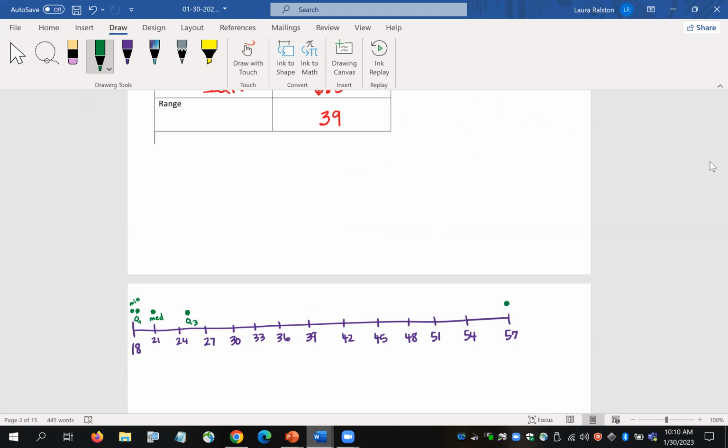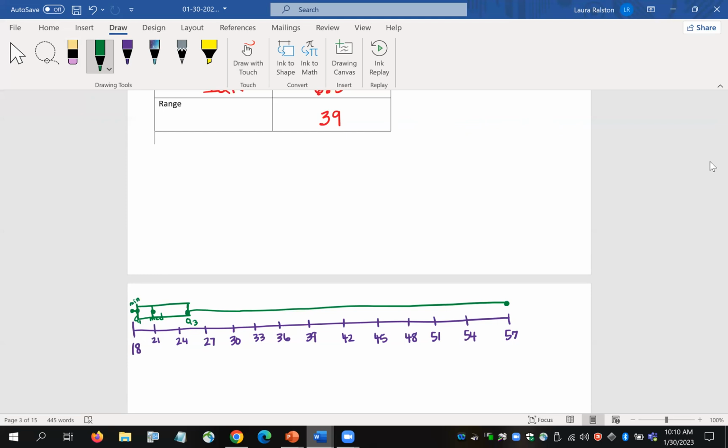To get my box, I draw the box around Q1 to Q3. And then I draw a line from Q3 out to the maximum and a line from Q1 to the minimum. Again, notice that the box is on the lower end.